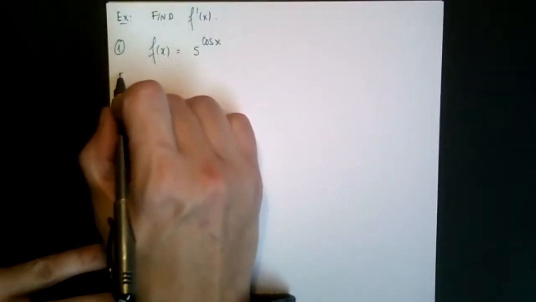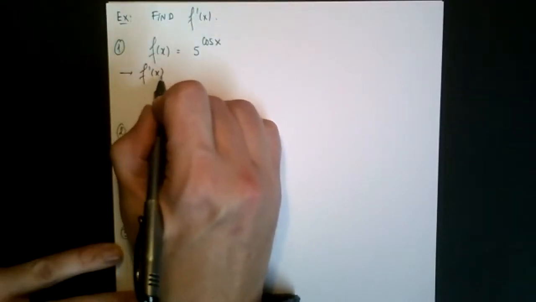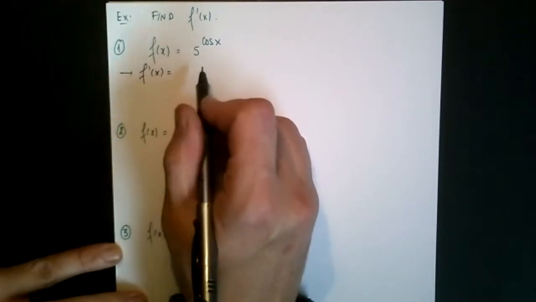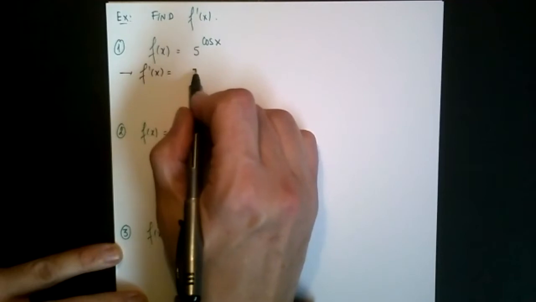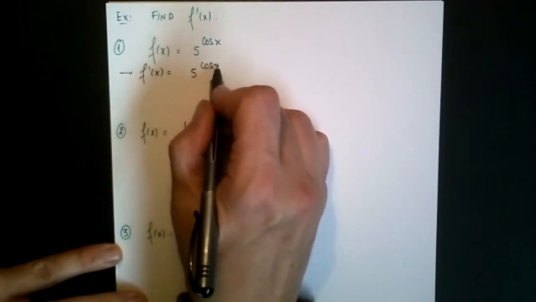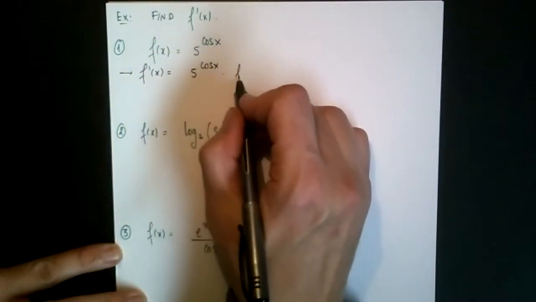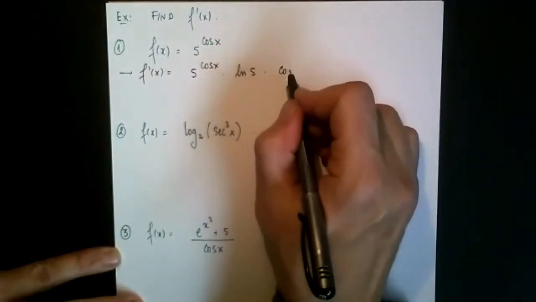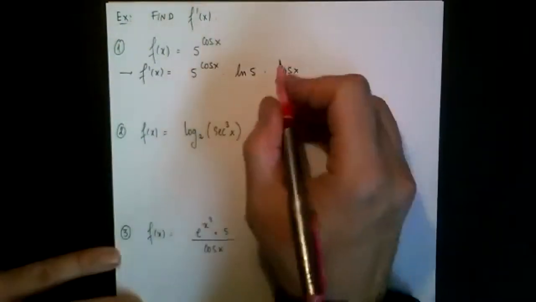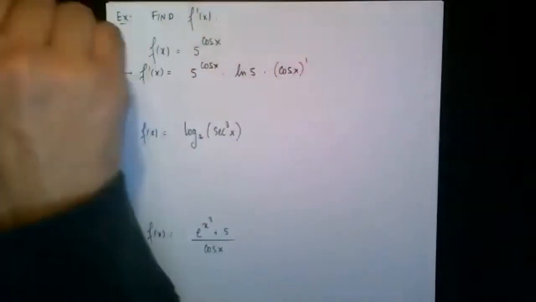So f prime will be, so the derivative of a power something stays, so 5 power cos x stays, times ln of 5, as usual, times the derivative of the exponent, the usual chain rule.